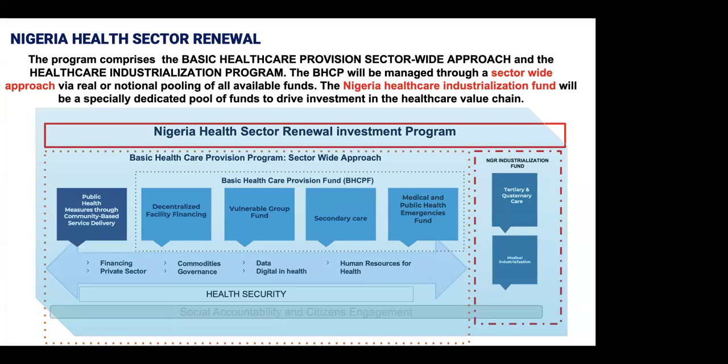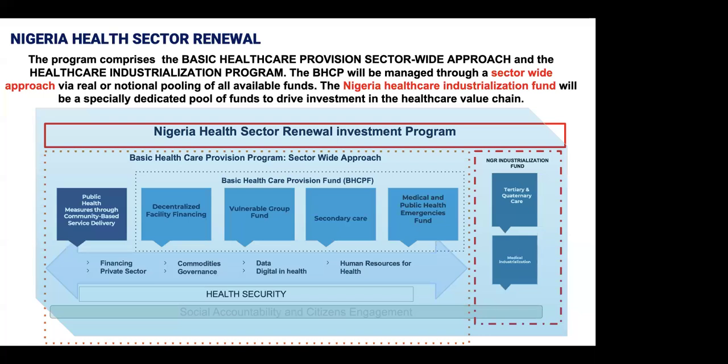So DFF is something that happens in Nigeria using the basic health provision funds. It's a whole story by itself, but it's something that has helped a lot of facilities improve in the way they deliver services. You also know about the Vulnerable Group Fund, something that is established within the National Health Insurance Act of 2022, something that has evolved in the landscape.